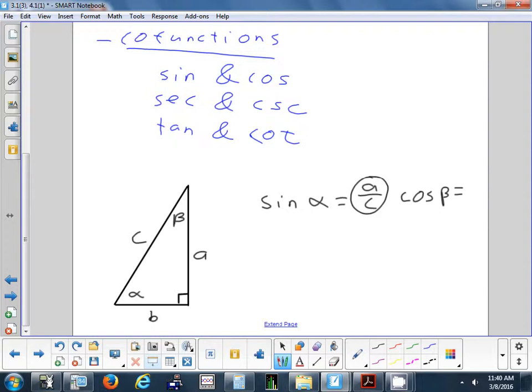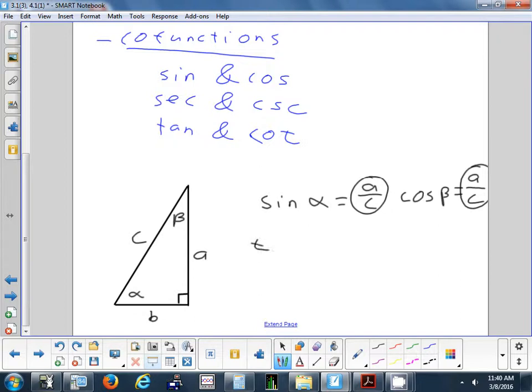Cosine is adjacent over hypotenuse. John, what side is adjacent to beta? A. And what's the hypotenuse? C. So what do you notice if you compare the sine of alpha to the cosine of beta? They're the same thing.